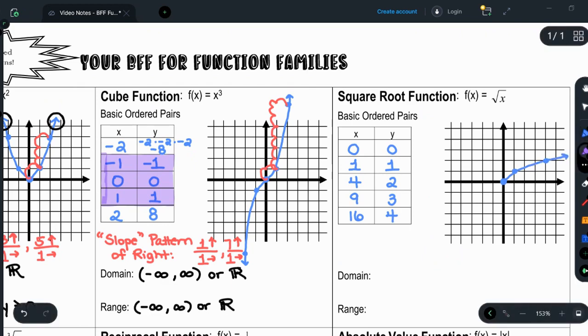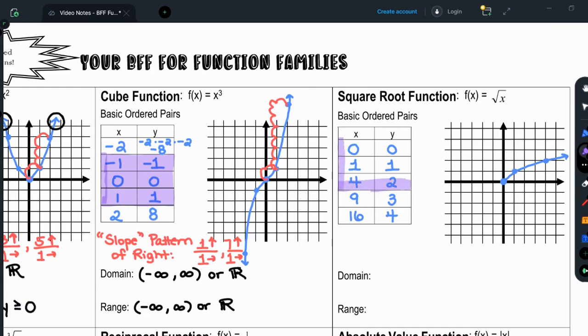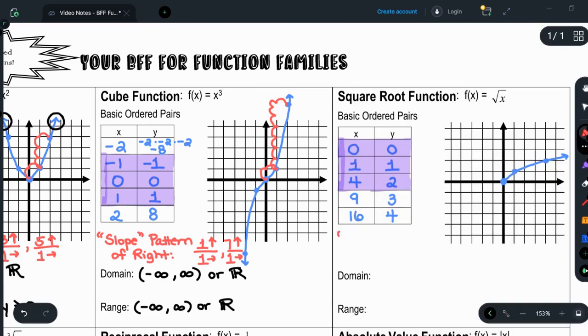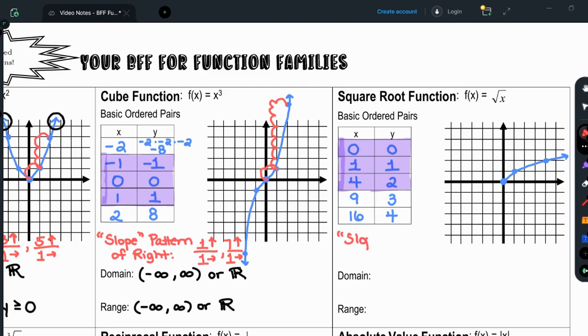So remember, for this graph, you want to remember those ordered pairs here, these important ones to help you graph it every single time. If you want to remember the slope pattern for this one instead, let's find it. Again, starting at the vertex. So I look at my slope pattern here, and I see that from my vertex to the next point, I go up 1 to the right 1.